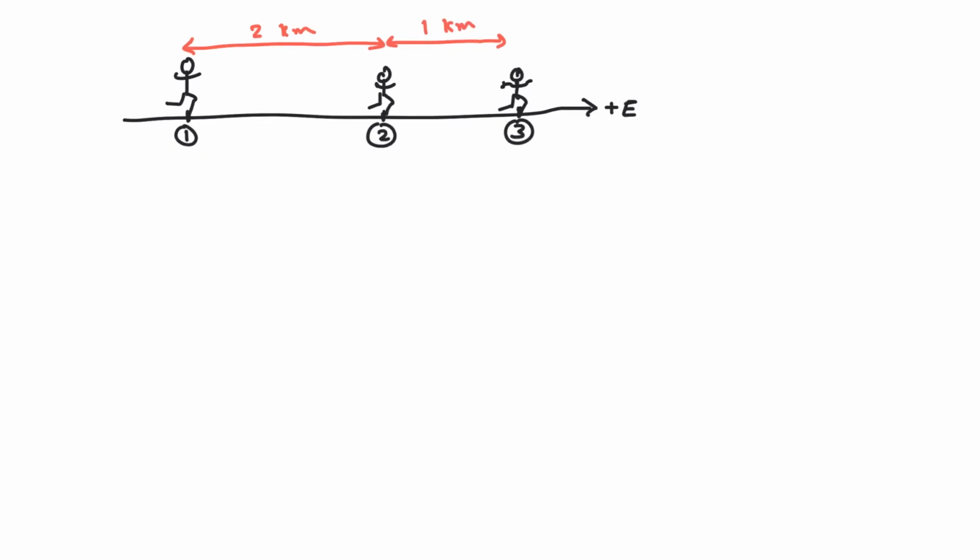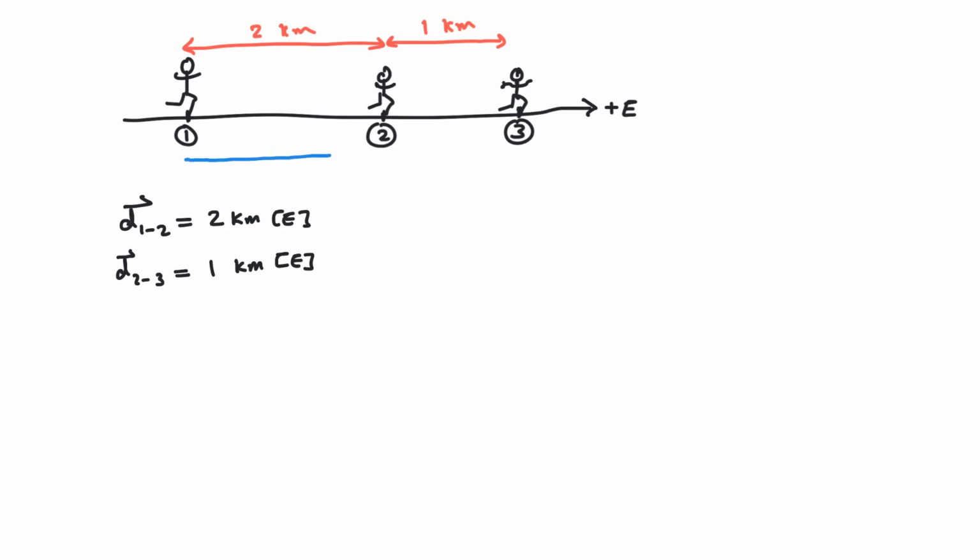We are going to now focus on vectors, and we're going to leave the scalar for now. So initially, this person, D12, has moved 2 kilometers in the east direction, and then they have moved 1 kilometer in the east direction again in their next round. So to represent this using vectors, a vector itself is an arrow.